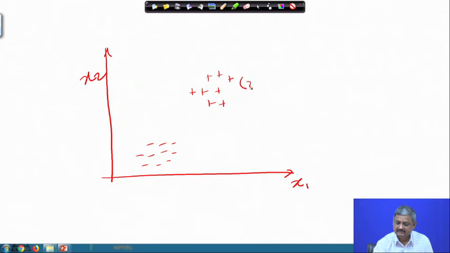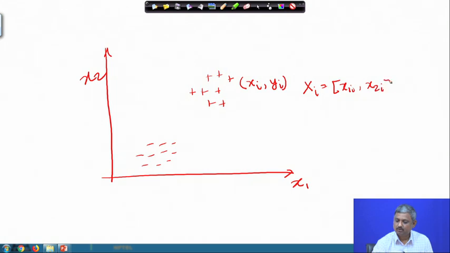Each of the training points is a pair x_i and the class label y_i. In this particular example, x_i is a vector having two components, x1_i and x2_i.